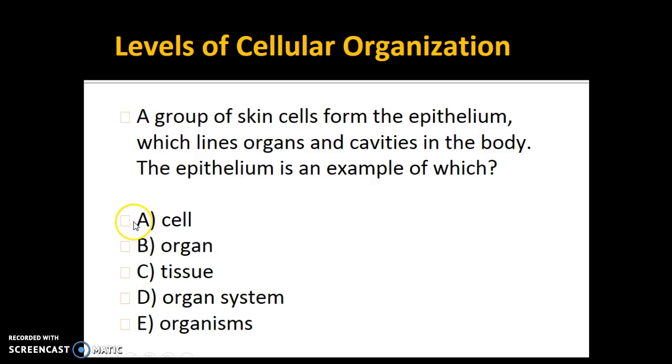There's cell, which is the basic unit. Multiple cells put together of the same type is tissue. Multiple tissues put together is an organ. Organs of similar use make up an organ system, and multiple organ systems make up an organism.